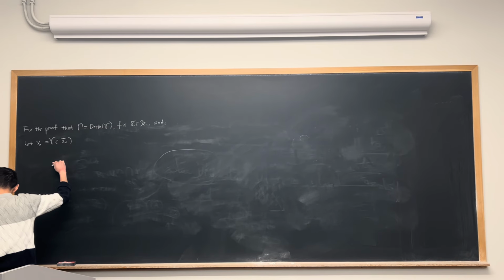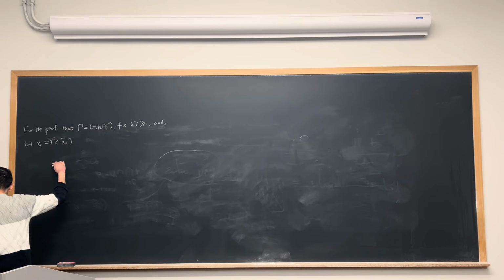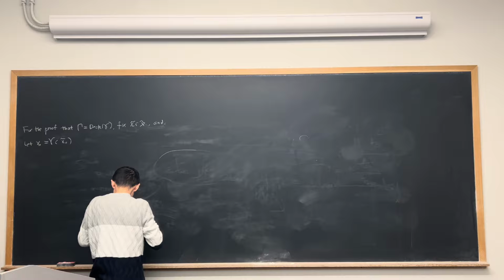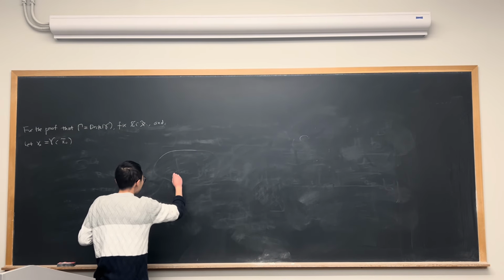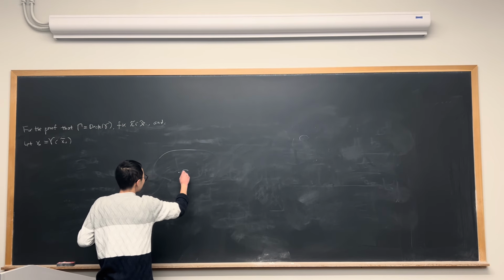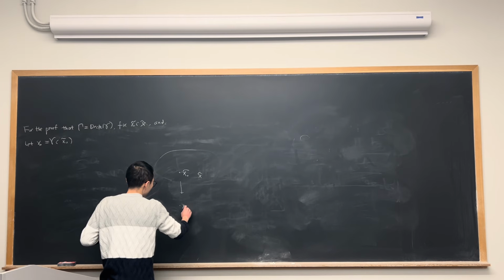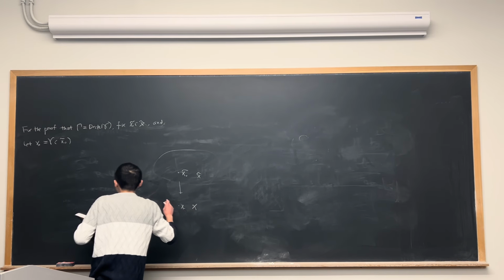So you can think of it as x naught tilde in X tilde, projected down to x naught in X.